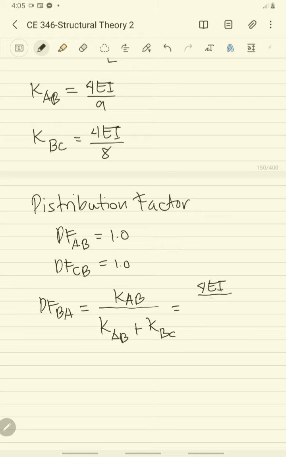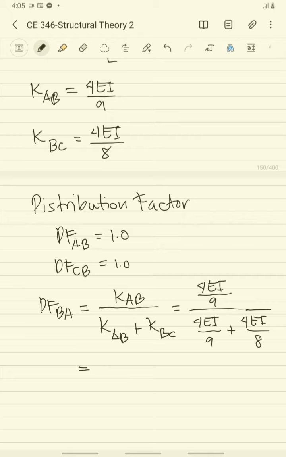So we have 4EI divided by 9, divided by 4EI over 9 plus 4EI over 8. We can cancel the EI because for the entire span, the EI is constant.